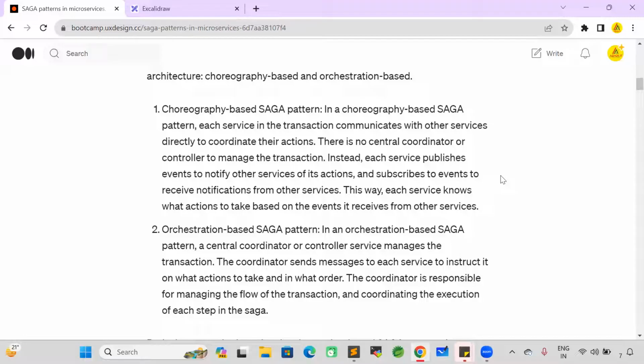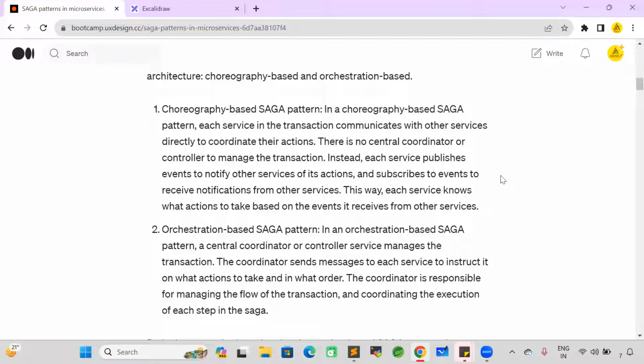Instead of a central coordinator, each service will publish an event to notify other services of its actions and subscribe to events to receive notifications from the other services. This way, each service knows what action to take based on the events it received from the other services. Choreography based pattern is called an event based pattern.